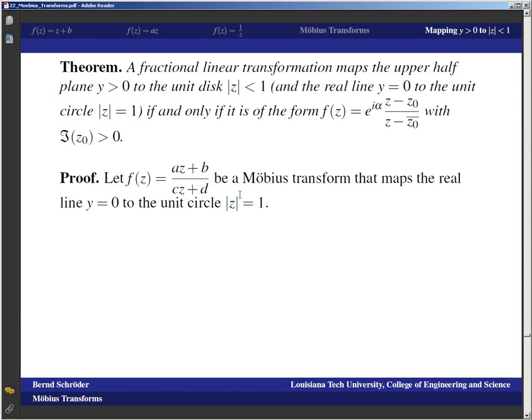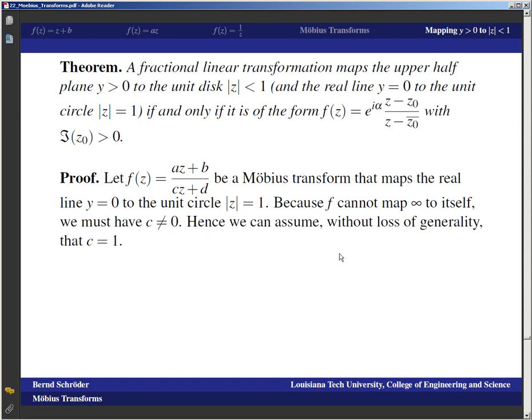Well, let's take a Moebius transform that maps a real line to the unit circle. Because that function doesn't map infinity to itself, we must have that c is not equal to 0. If c was equal to 0, this would be a linear transformation which maps infinity to infinity. And so we can assume without loss of generality that c is equal to 1.